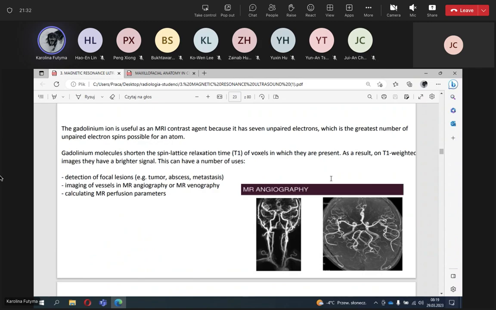Then, imaging of vessels in MRI, angiography, or sometimes venography. And then calculating MRI perfusion parameters.